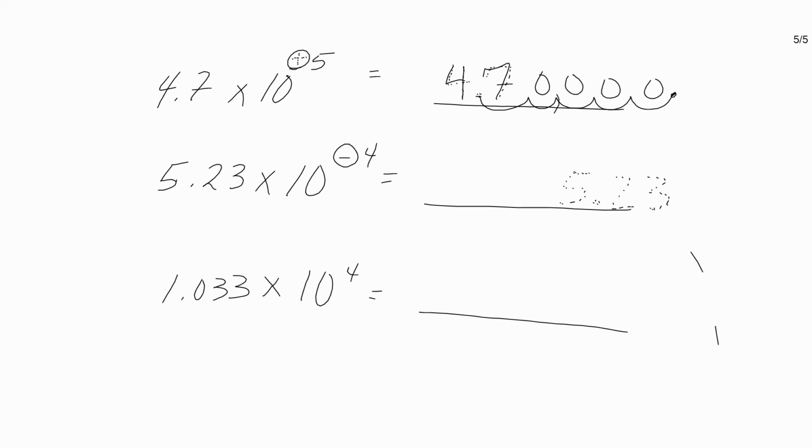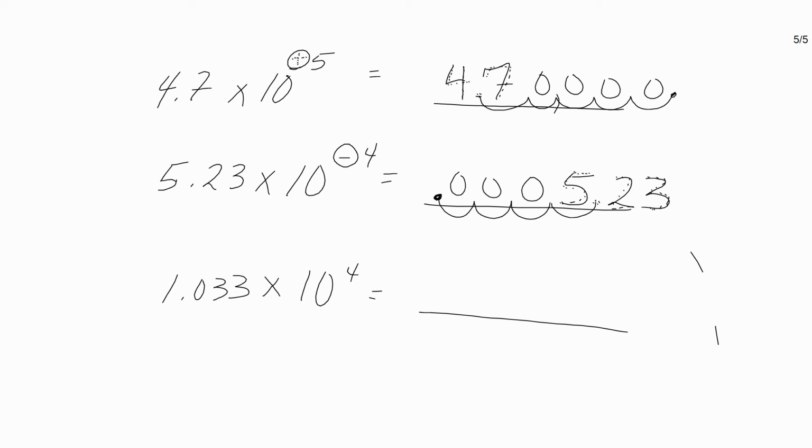So 1, 2, 3, 4. So there's my decimal now, but I got 3 humps that don't have anything there. And then fill in your zeros, and that's your answer there.